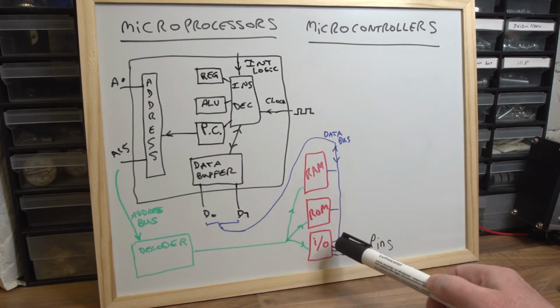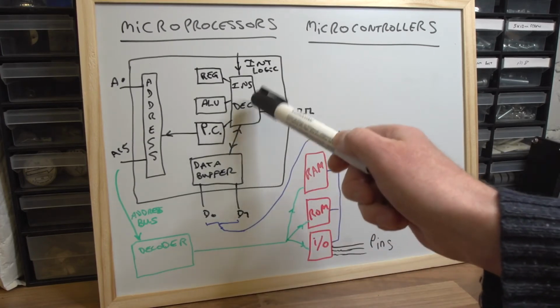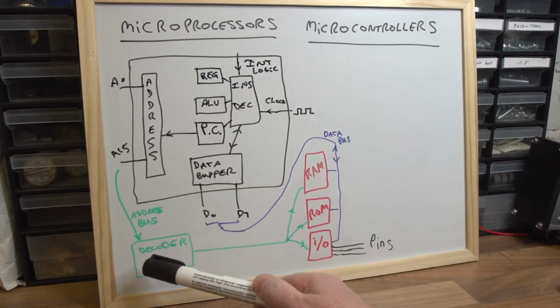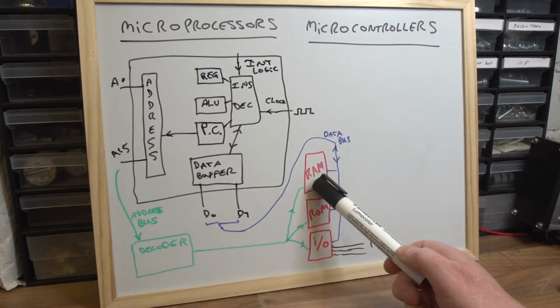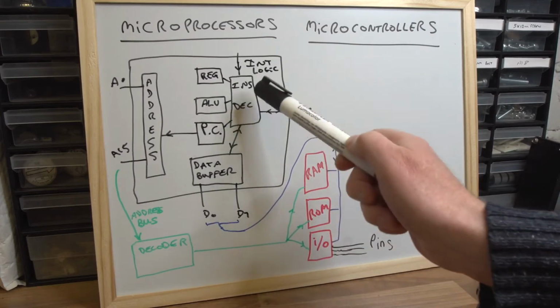These other two devices would then be off, so only the RAM would then be active for that single instruction. The instruction would set the address to where it wants to be, and then the decoder would say, okay, enable the RAM, switch the RAM on. These two would be off just for that one instruction.